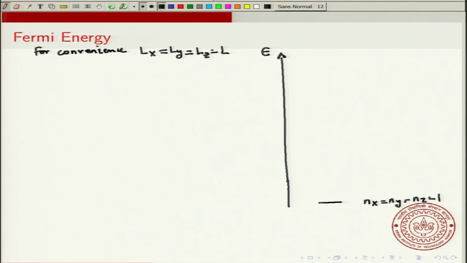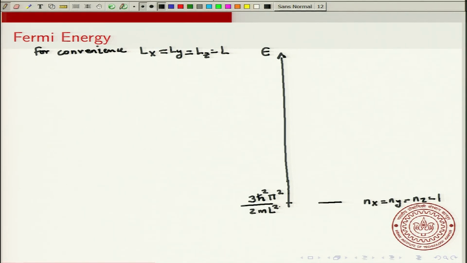And so when nx equal to ny equal to nz equal to 1, then the energy will be equal to 3 h cross square pi square by 2 m L square. Okay, so that is the energy.